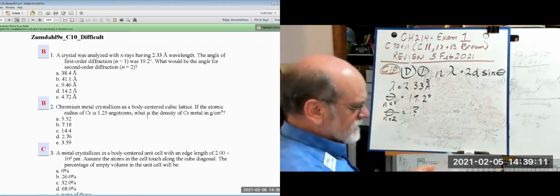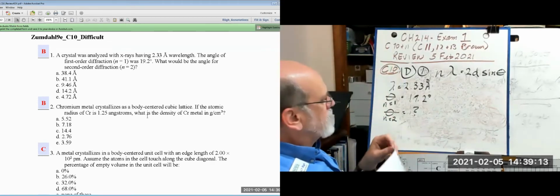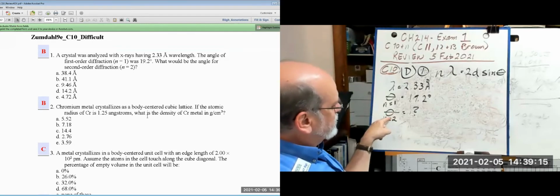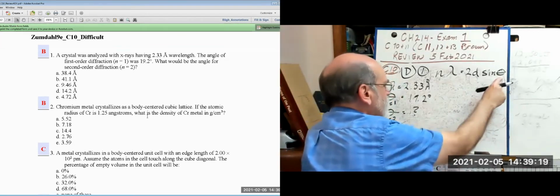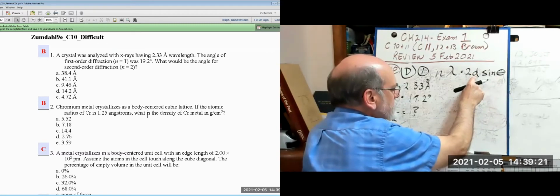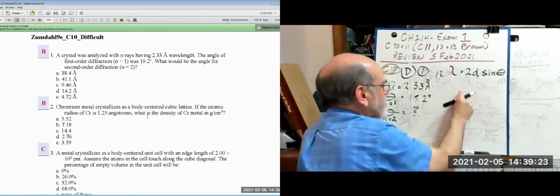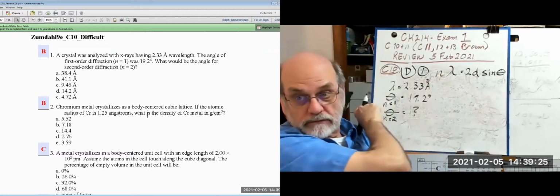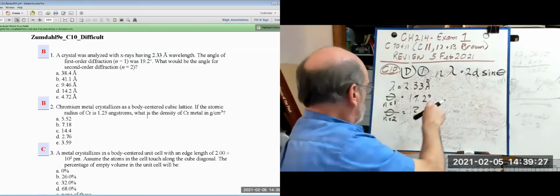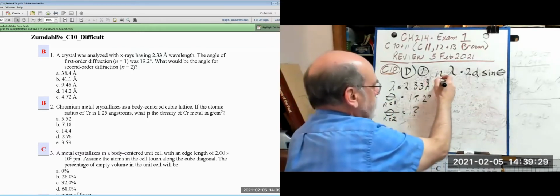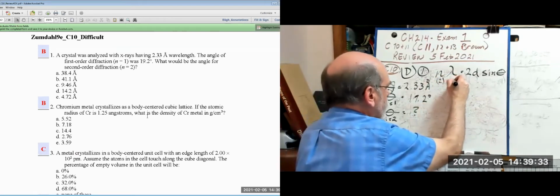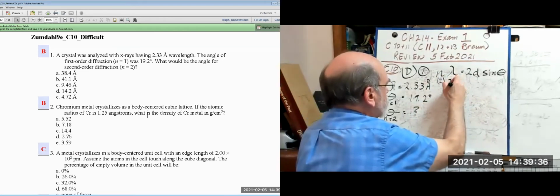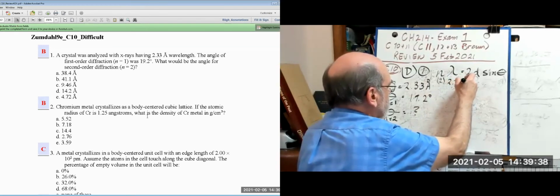So let's think of this logically. What do we need to find this angle? If that's the unknown, then we need this distance, that wavelength, and that order, don't we? Do we have that? Yes, that would be 2. Do we have this? Yes, that would be 2.33 angstroms.